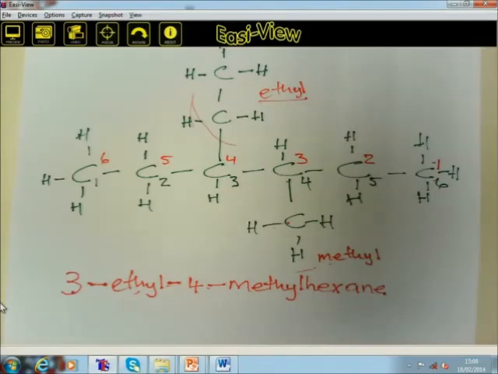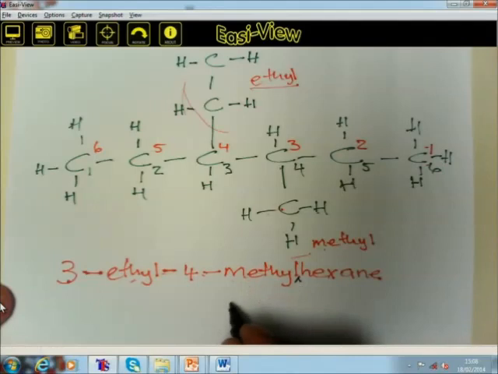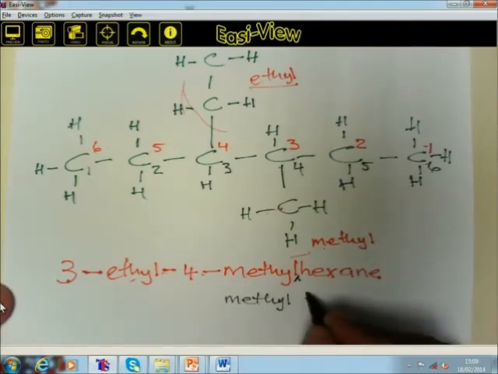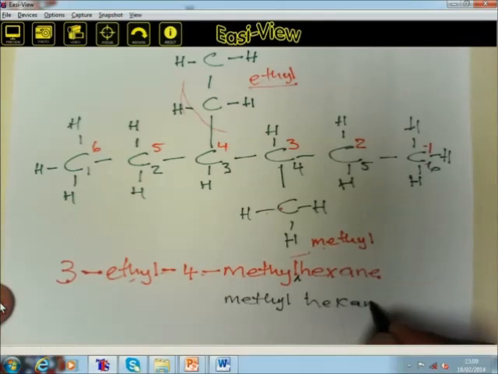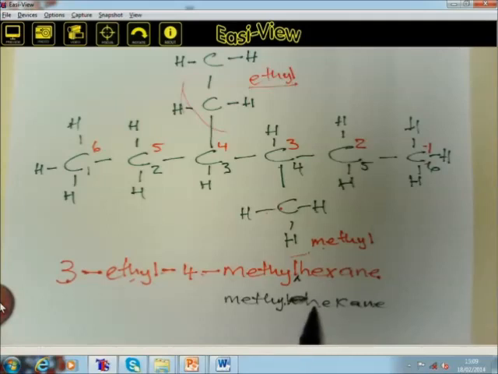This is very important. When you give this name, please make sure that you don't make a mistake of writing it like methyl. I'll just write this last part, hexane, where you have the space between the E and the H there.